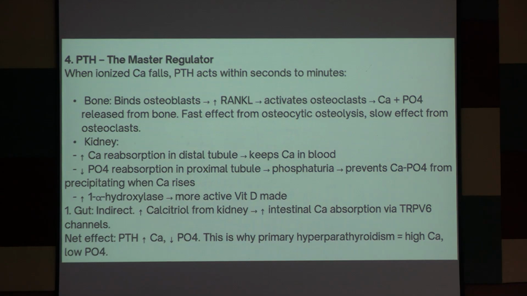We know that there are some ligands. This activates osteoclasts. Calcium and phosphate are released from the bone, with a fast effect of osteocytic osteolysis and slow effects from osteoclasts.